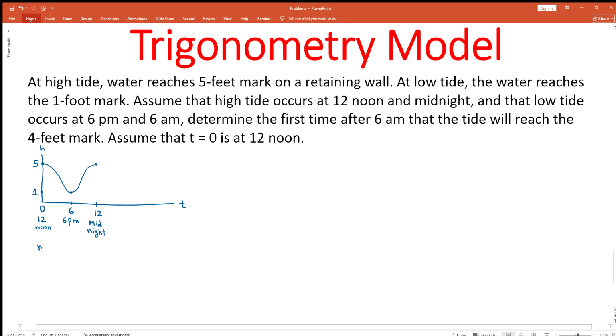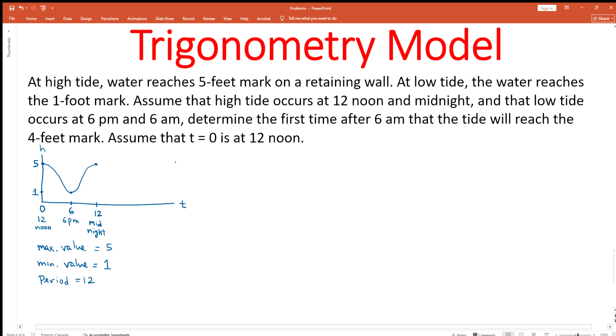So we know that the maximum value is 5, the minimum value is 1, and we know the period of the function is 12.